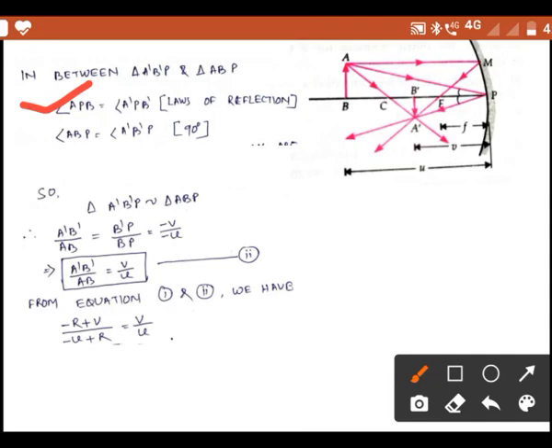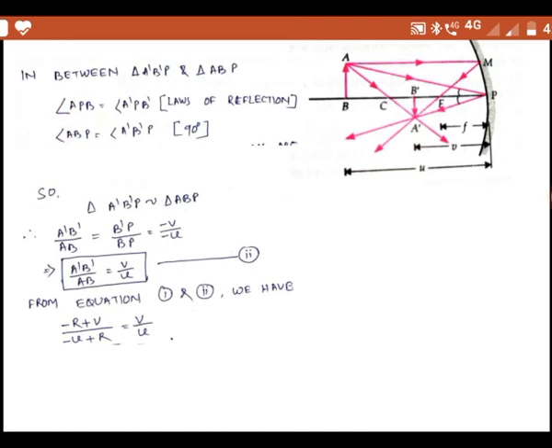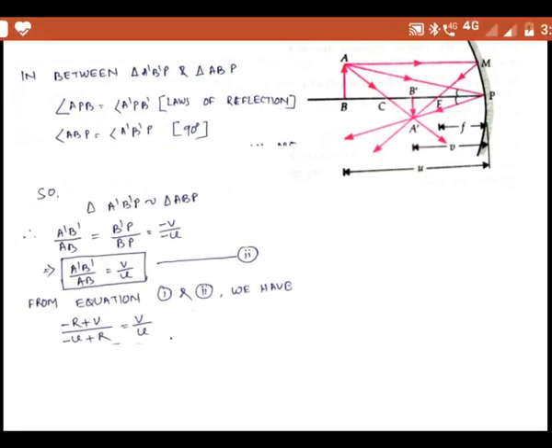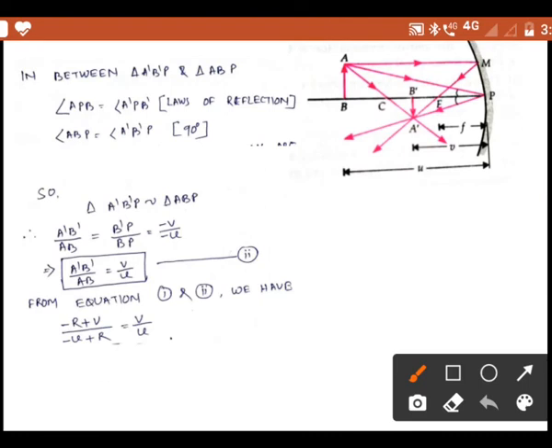Then another set of angles, angle ABP equal to angle A dash B dash P. So triangle A dash B dash P is similar to triangle ABP, which results in A dash B dash by AB equal to B dash P by BP, where B dash P is the image distance, which is represented by minus v. BP is the object distance, which is represented by minus u.